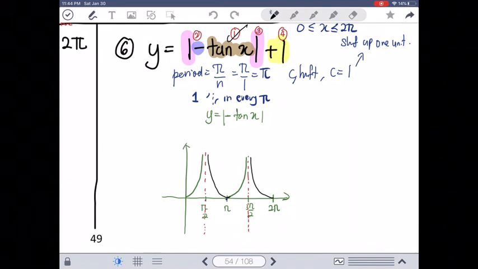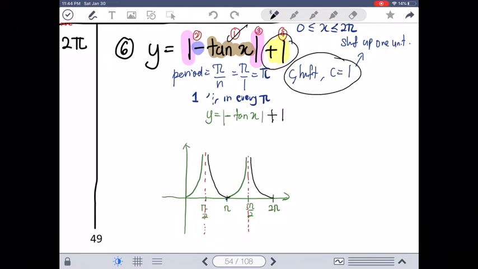The last one we need to shift plus 1. Shift plus 1 means that if it's from 0, it becomes 1. So the graph will look something like that. Let me make it more precise. Okay, so this is 1.